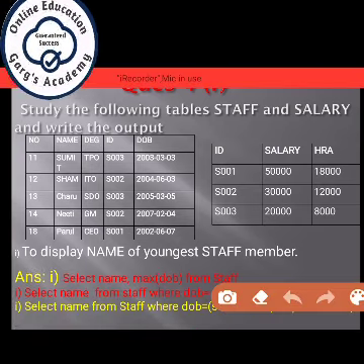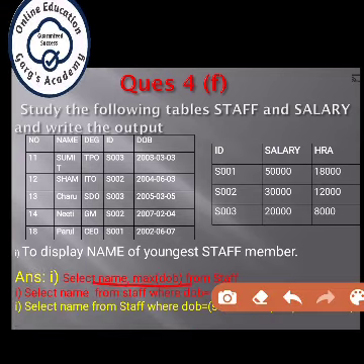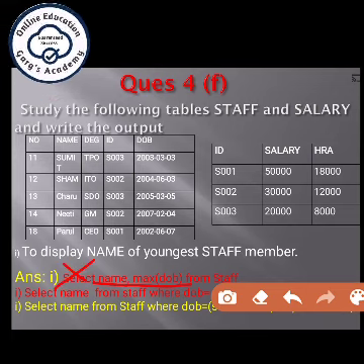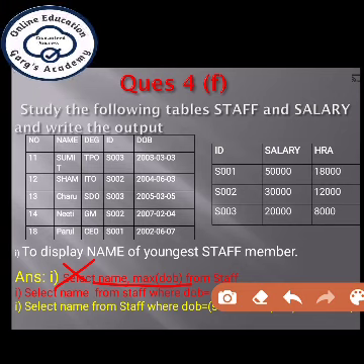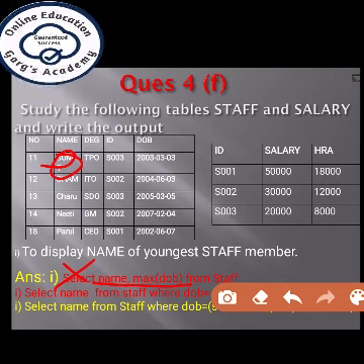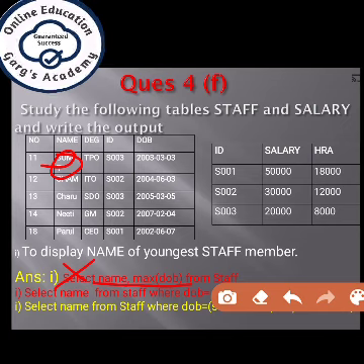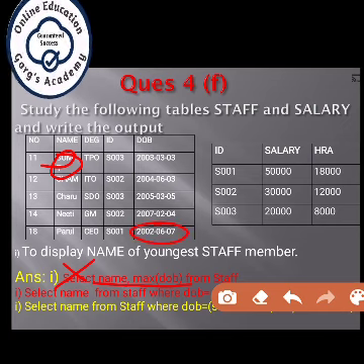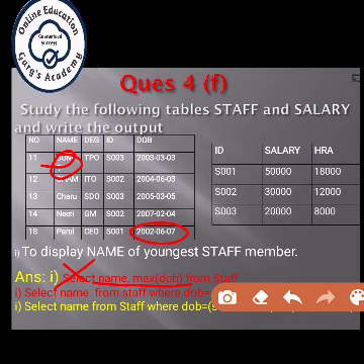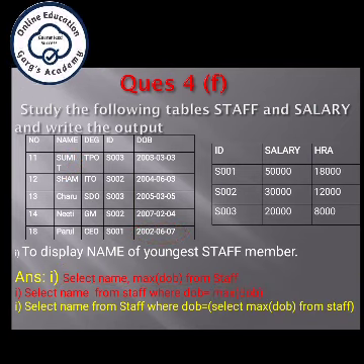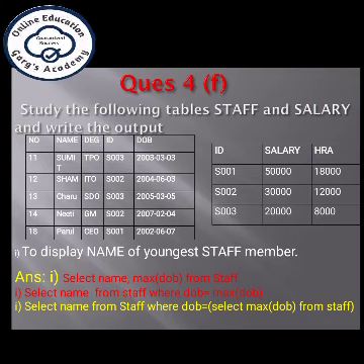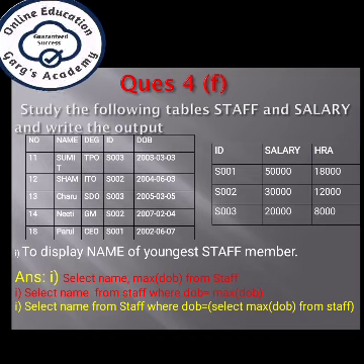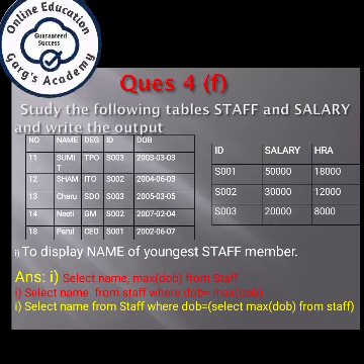Now what are these answers? If you write SELECT name, MAX(DOB) FROM staff, it is totally incorrect. What will it give? It will give the first name, Sumit, and the maximum DOB, that is this one. So is Sumit the name of the youngest employee? No. Some students may also write SELECT name FROM staff WHERE DOB = MAX(DOB). This query is a little bit correct, but only half correct.